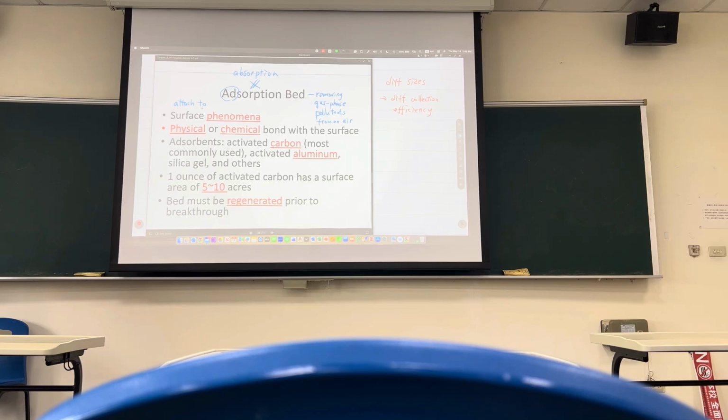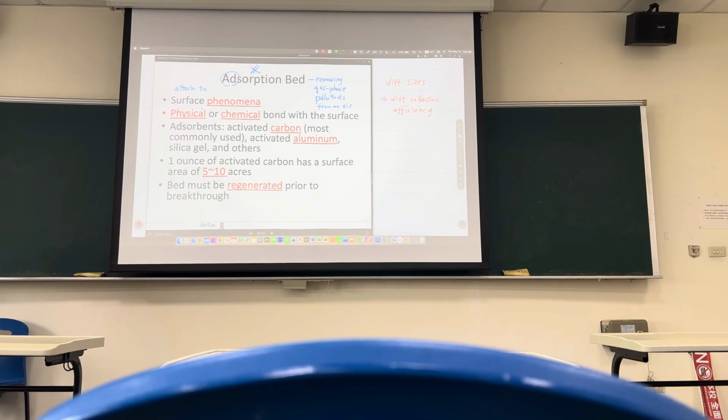For example, like the reason we use activated carbon, those pollutant molecules will stick to the surface of activated carbon. And it involves physical or chemical bonds with the surface.